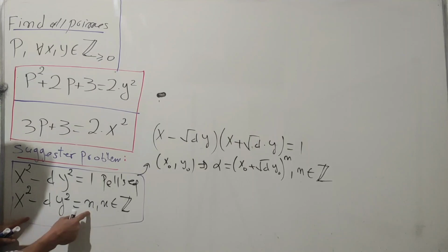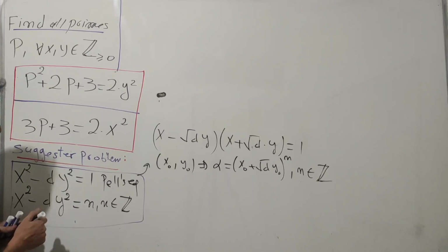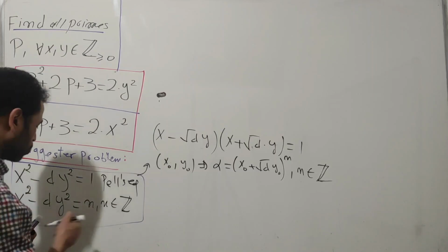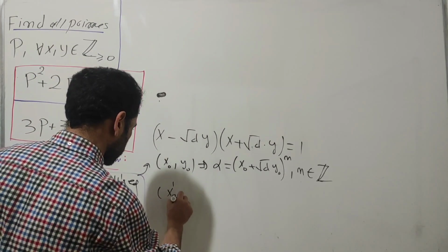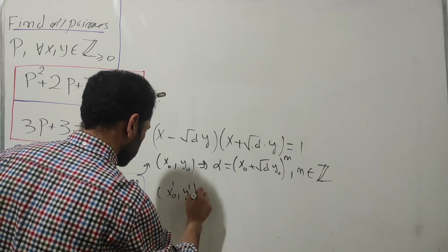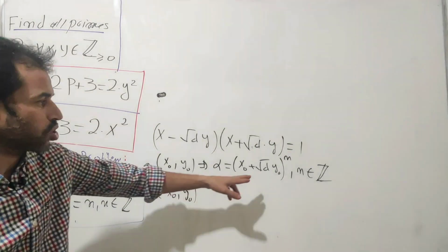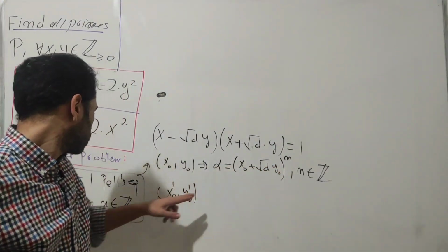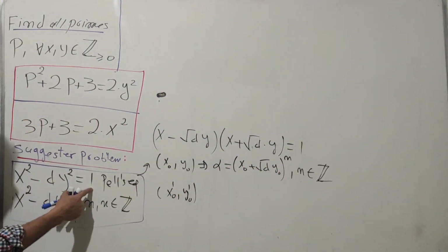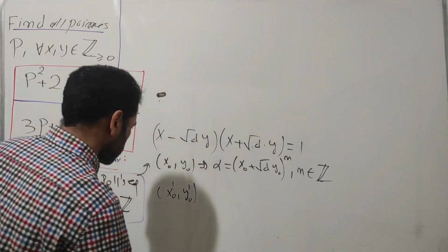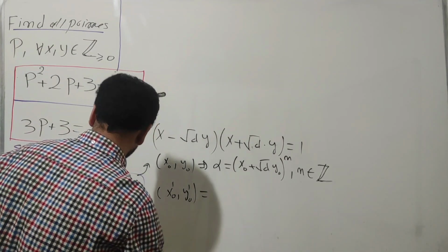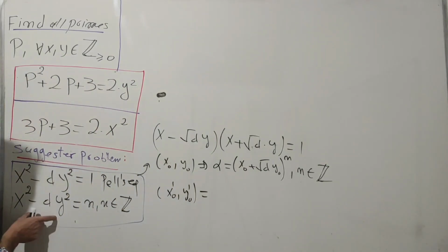But what about the second equation, with n? To find the solutions for the second equation, we first check for another solution, for example x prime and y prime. For the second equation you cannot use the recursion directly, because it is valid only when you have 1 on the right-hand side. So find the smallest solution which verifies it, which is simpler to find.